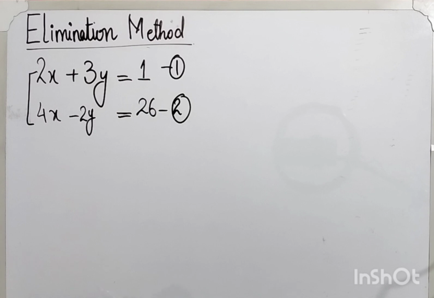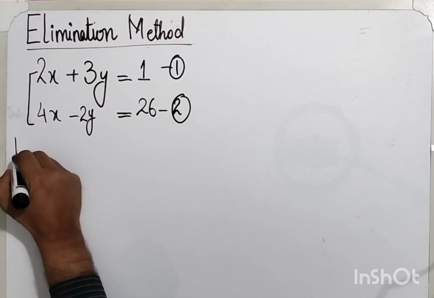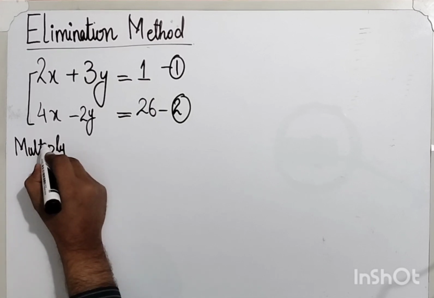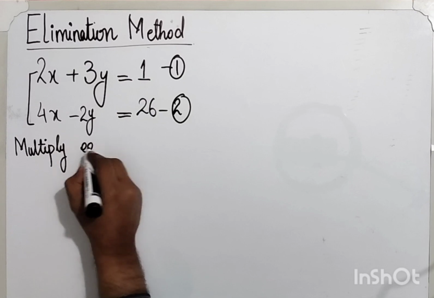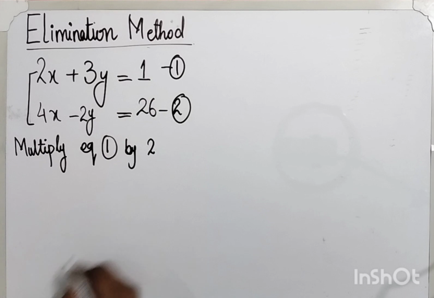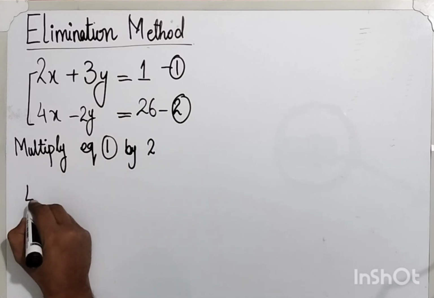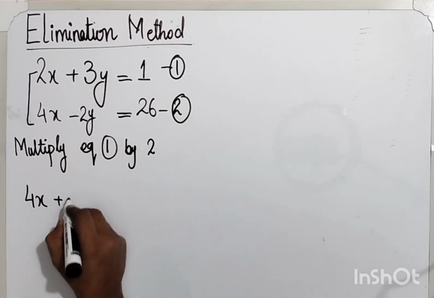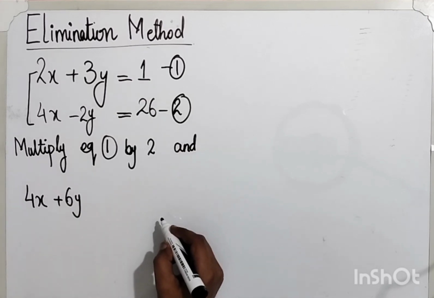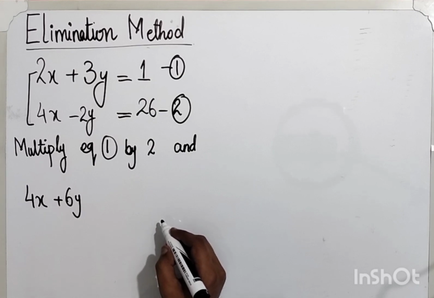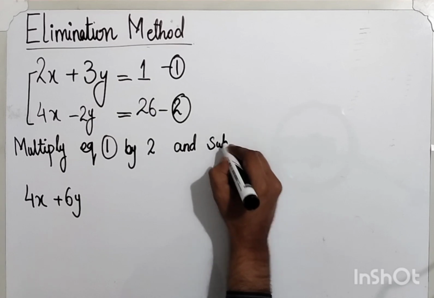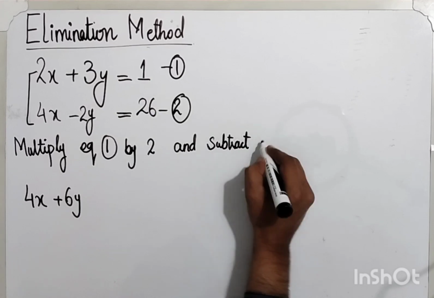So what we are going to do here is multiply the first equation by a specific number to make it 4. Multiply equation number 1 by 2. Now, as we multiply, we get 2 times 2 as 4x and 2 times 3 as 6y, and 2 times 1 gives 2. The second equation has the same coefficient 4. So now we are going to subtract equation 2.